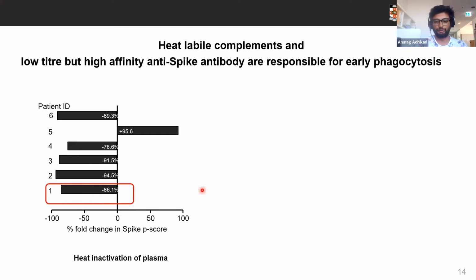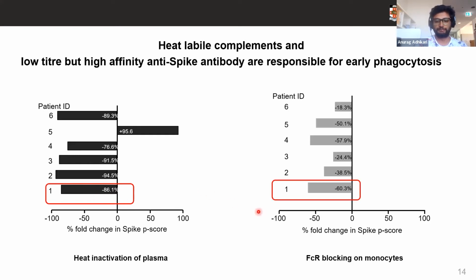But when you would block the Fc receptor on monocytes, which are used as assay cells, you would only decrease the observed ADCP by 60%, which seems like the contribution to ADCP in early infection is a combination of both. The ADCP is happening through complements and Fc receptor in a synchronous manner, but it's only a relative contribution at this point.